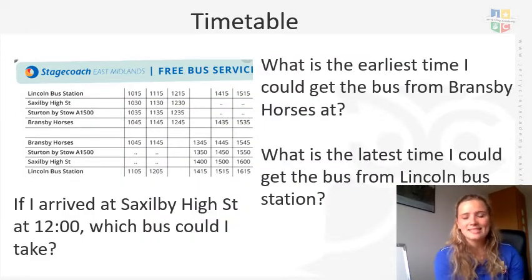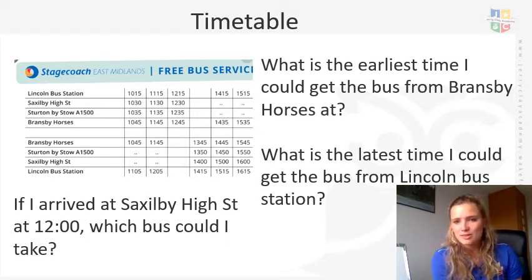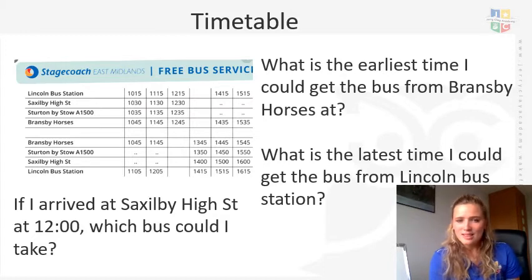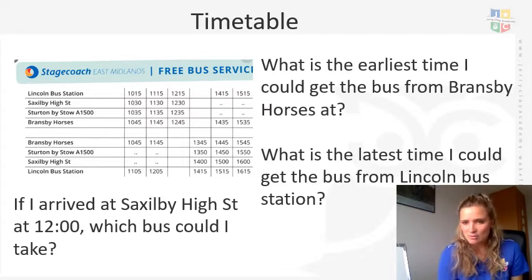Looking at the bus timetable, what is the earliest time I could get the bus from Bransbury Horses? So find Bransbury Horses, find the earliest time, what time would it be? Then have a look, what is the latest time I could get the bus from Lincoln bus station? So find Lincoln bus station, find out what is the latest time I could catch the bus at to get home.